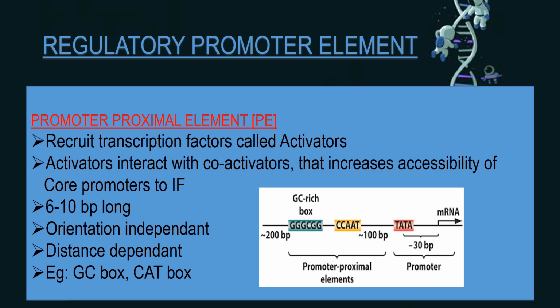They are distance dependent, in that deletion of 20 base pairs or less of space between the proximal element and the core promoter has no effect on the transcriptional efficiency. Examples for proximal elements are GC box and CAT box.